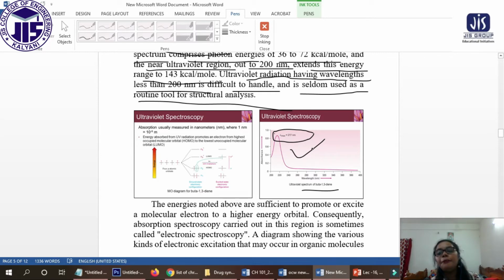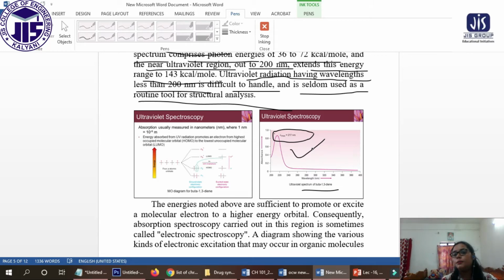If we synthesize new molecules, how can we be sure that whatever compound we are aiming to synthesize, actually we have got it?